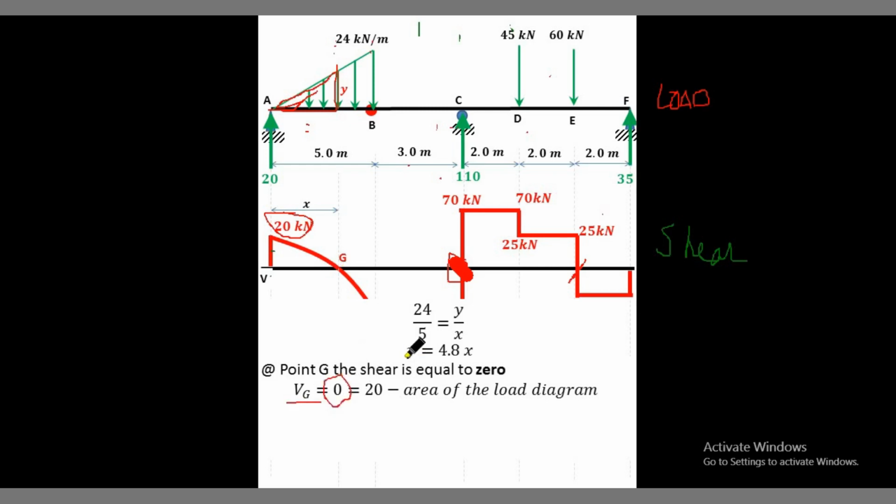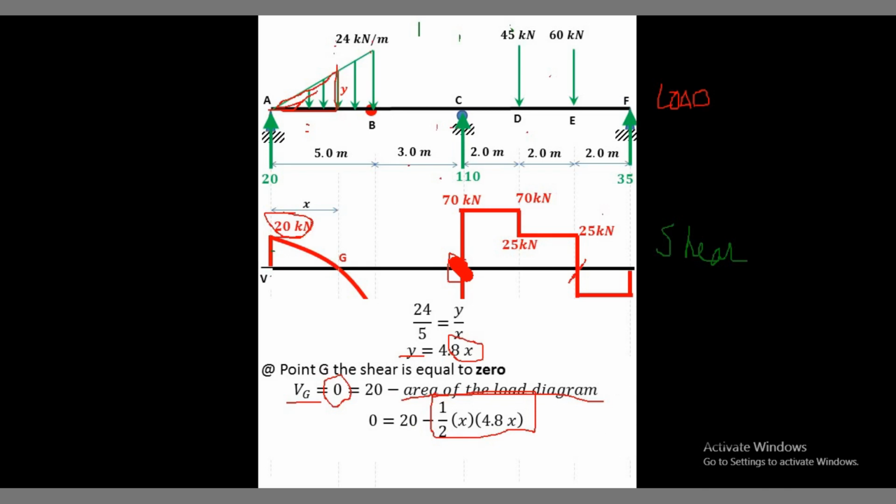So, para makuha ko yung Y, kasi kapag alam ko na si Y, makukuha ko na si X. So, to determine the value of Y, I need the area of the load diagram. So, how do I get that one? That is 1/2 of X times 4.8X. Paano ko nakuha ito? Di ba itong 20 na to is this one? So, I have to deduct the area of the load diagram.